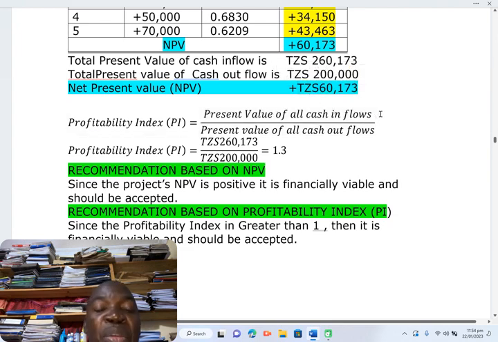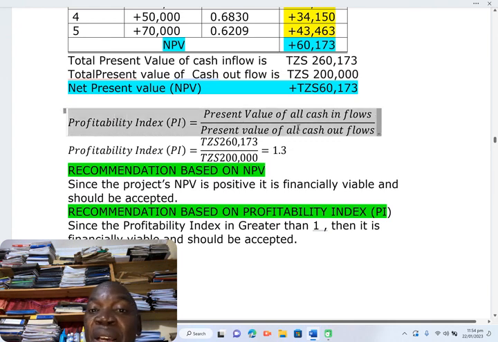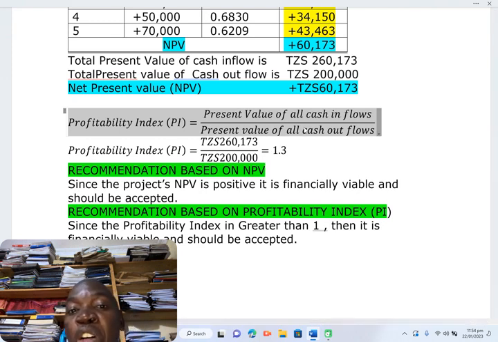But based on profitability index, we use this formula here. It is present value of all cash inflow divided by present value of all cash outflow. The figure for profitability index is 1.3, and since profitability index is greater than 1, then we accept the project.